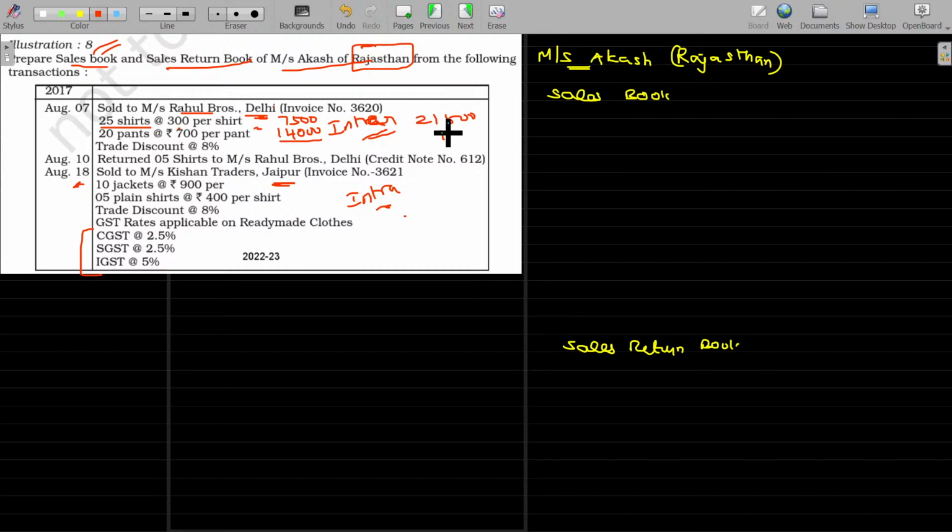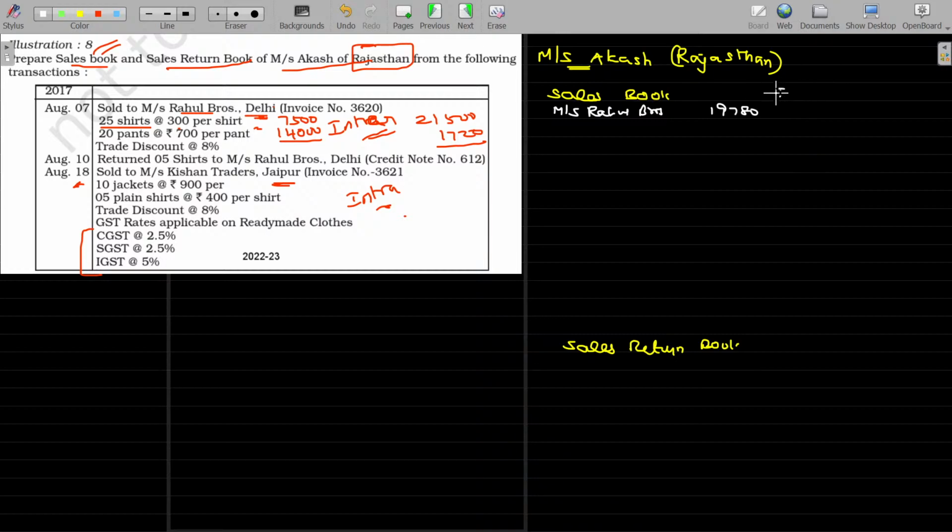That value being 1,720. The ultimate value being 19,780. Here, Mrs. Rahul Brothers. The value being 19,780.